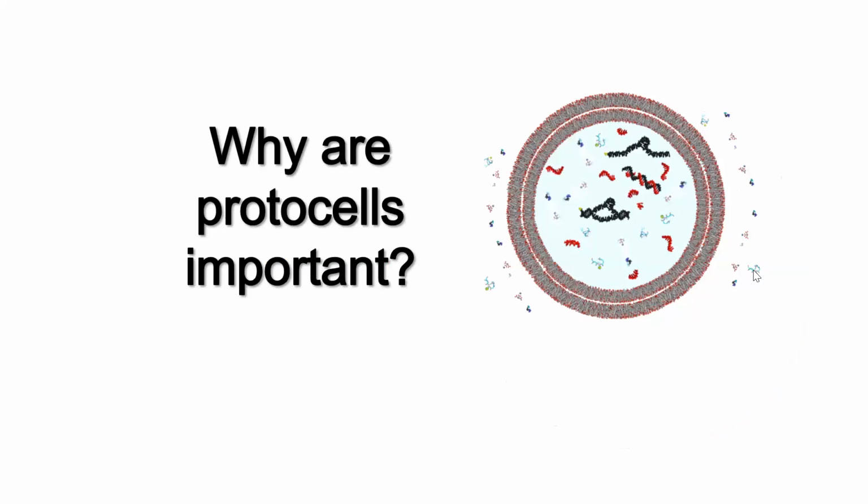Why can't we just study chemical reactions occurring in solution? Why can't we just study chemical reactions occurring in an Erlenmeyer flask, for example, or in a round bottom flask? What are the evolutionary advantages that protocells bring compared to reactions that occur in solution?